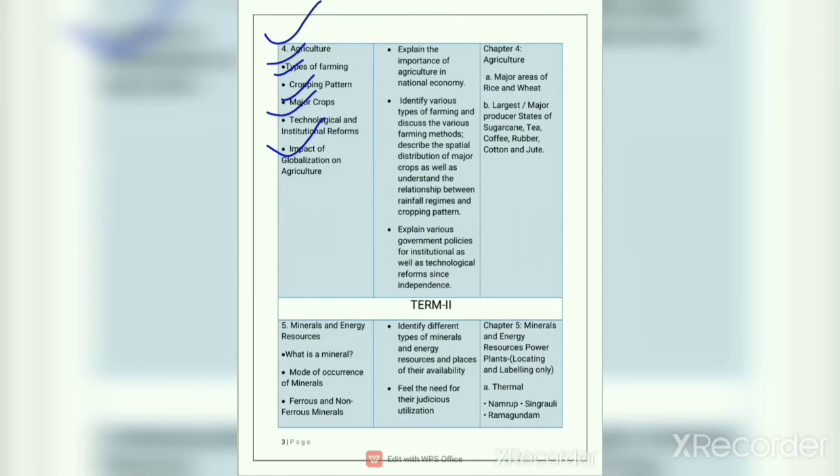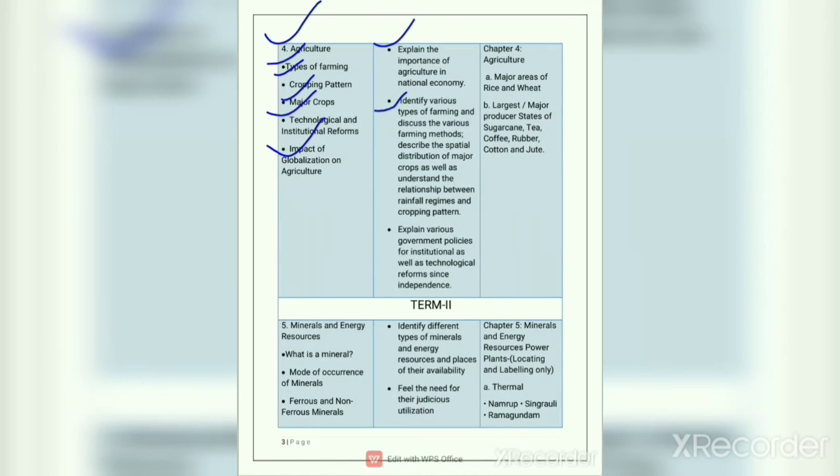Let us know that. First thing that you will be able to do after reading this chapter is you will be able to explain the importance of agriculture in national economy. You will be able to identify various types of farming, and you will also be able to discuss the various farming methods, describe the spatial distribution of major crops, as well as understand the relationship between rainfall regimes and cropping pattern.